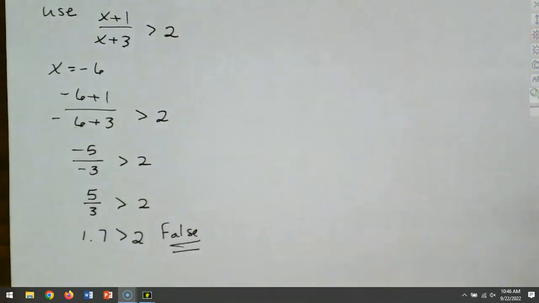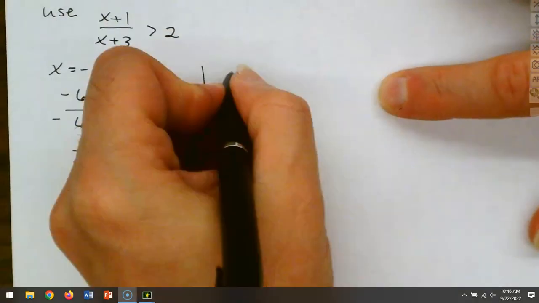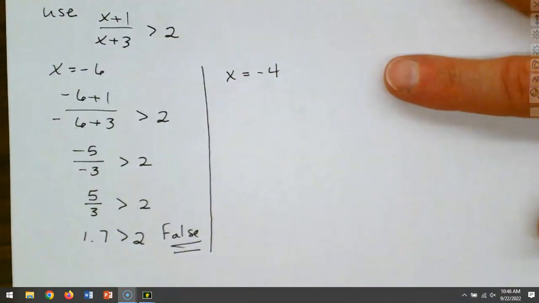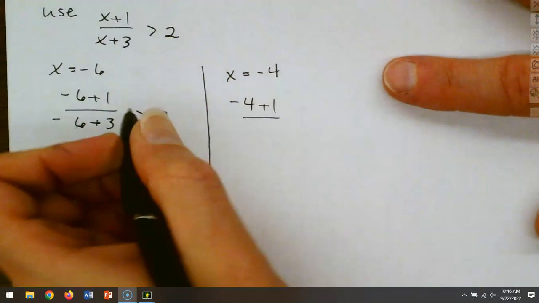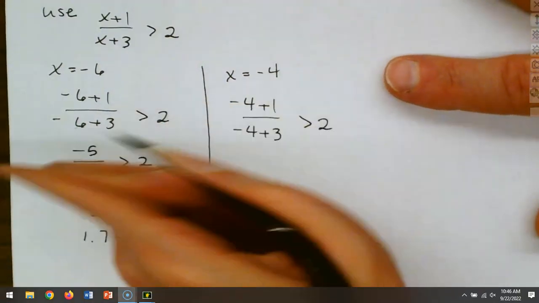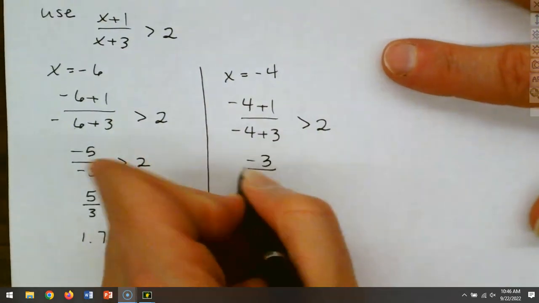Now we check the next region. In the next region we had negative 4. So we're going to plug in negative 4. Minus 4 plus 1, that's a minus 3.